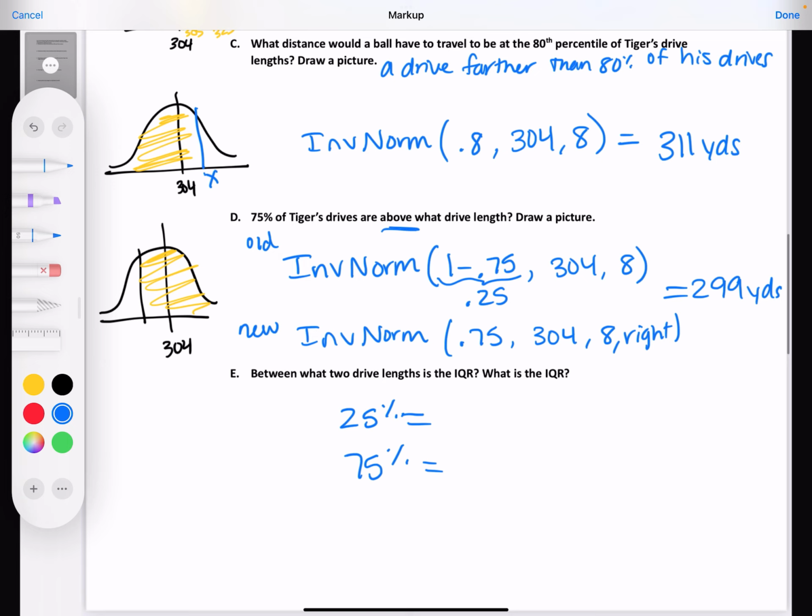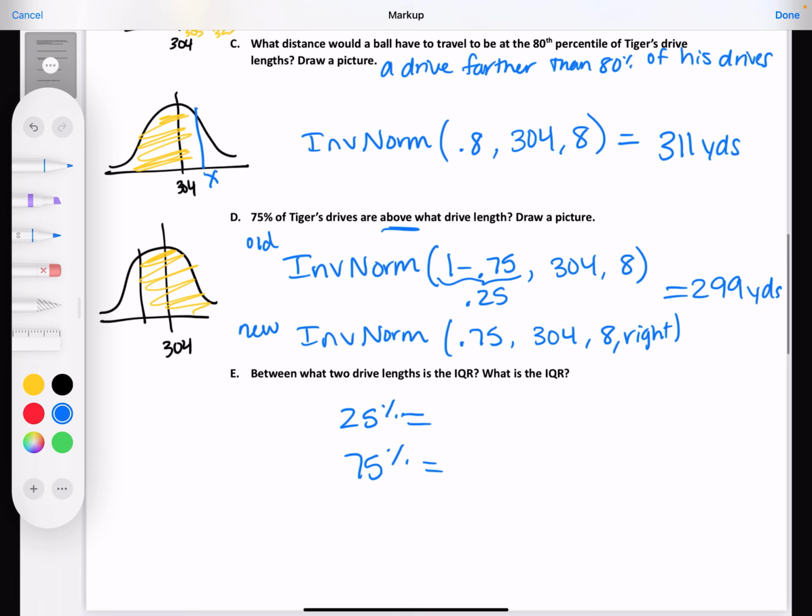Could you just do 304 times 0.25 to get 25%? Oh wait, I don't think that's going to give it to you.